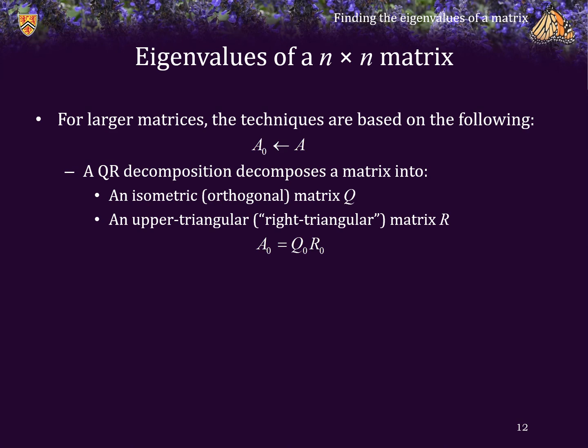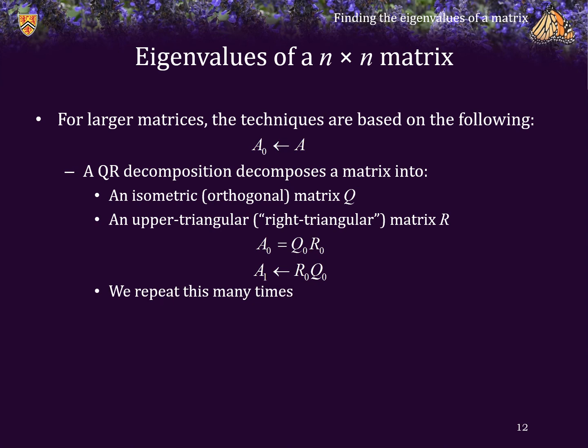All right, so given A naught, we calculate the QR decomposition. We now have Q naught and R naught. We assign A1 the product R naught Q naught, so we reverse the matrices. And because in general matrix multiplication is not commutative, A1 is not equal to A naught.